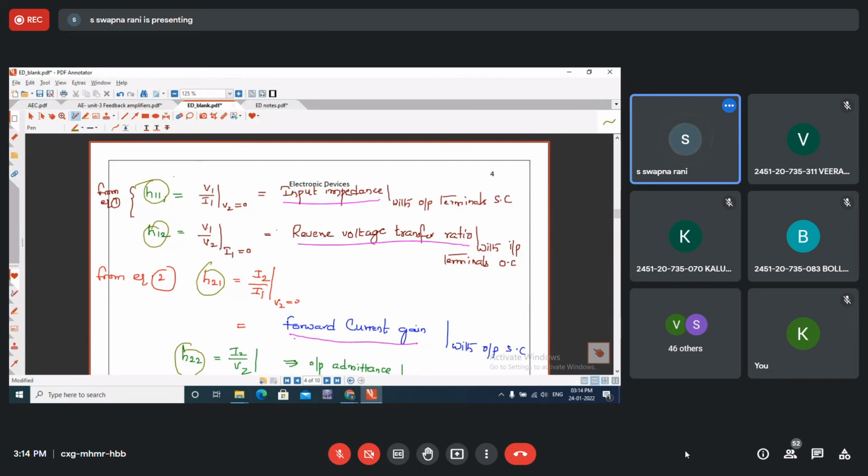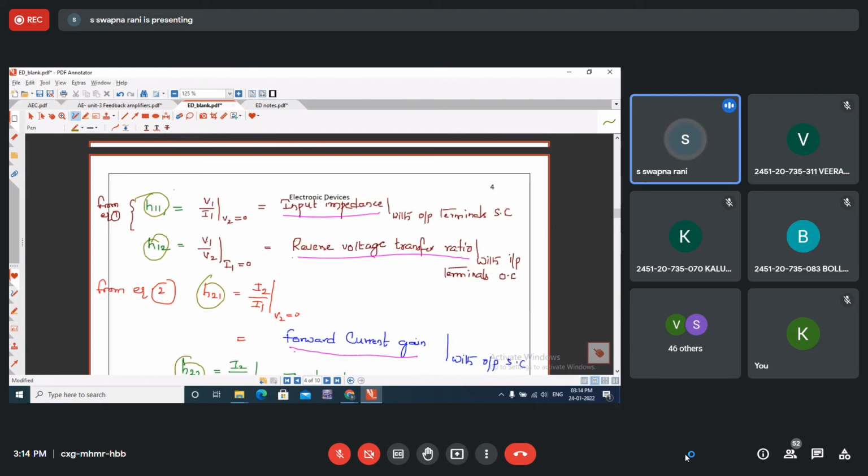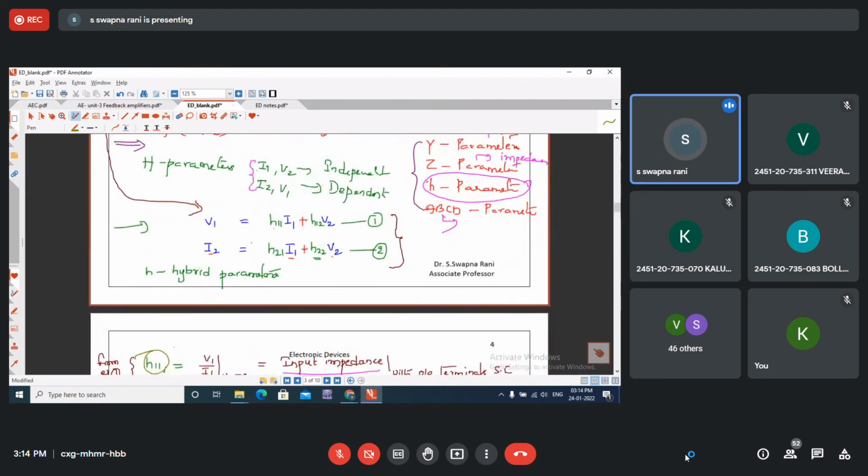Once you understand how the H parameter model is derived, how that circuit is drawn based on these equations, we are going to draw the circuit based on these two equations only. And that is the H parameter model.